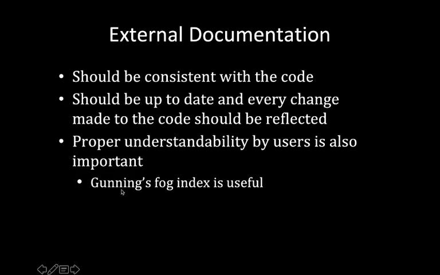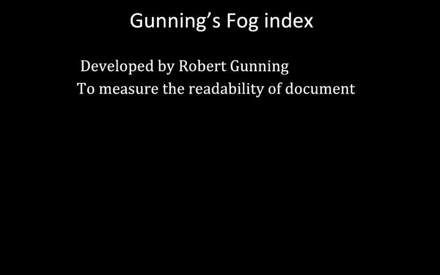In order to find out whether a document is understandable to a person, there is Gunning's Fog Index. It was developed by Robert Gunning in 1952. It is actually to measure the readability of a document. So how much it is readable.